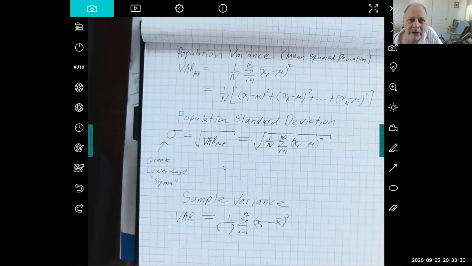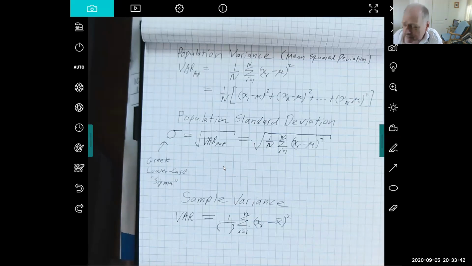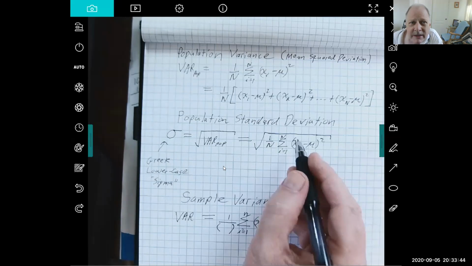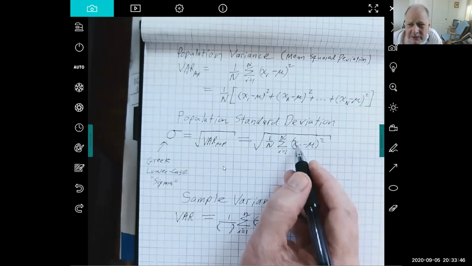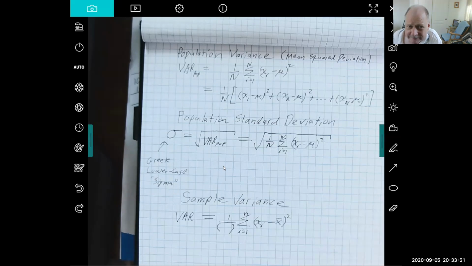I want to talk about bias. Why these differences, xi minus x bar, tend to be just a little bit smaller than xi minus mu. Why is that? Well, let me just ask you. Say we were talking about incomes of people.